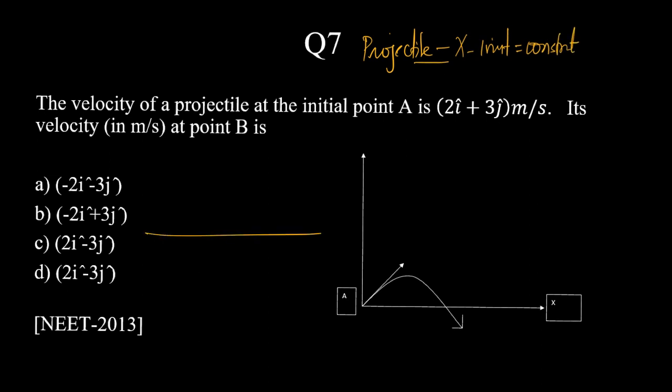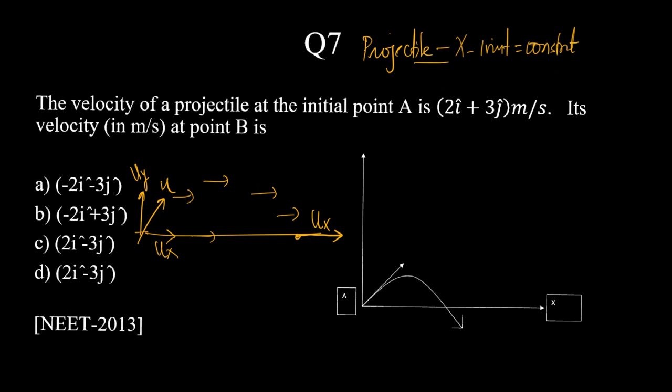So if you assume that this is u and this is ux and uy, ux will remain constant throughout the motion. So this will be ux, and even when the object reaches the ground, the horizontal component would be ux. So there is no change in the horizontal component, that is ux. But what varies is uy.